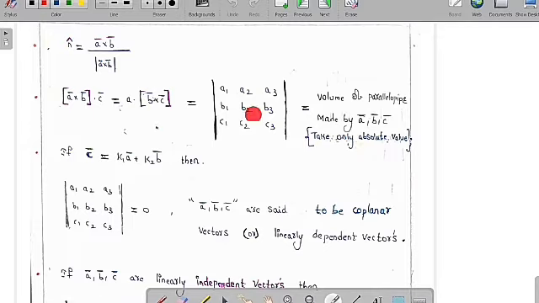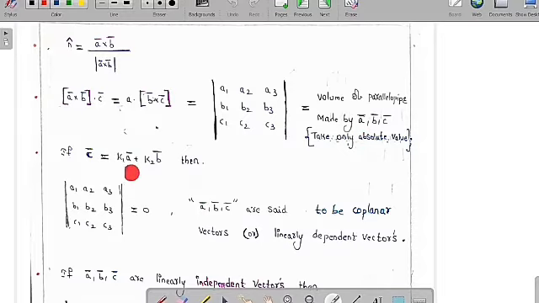So we call this the volume of the parallelepiped: with the help of these three vectors you can make a parallelepiped, a kind of cuboid, and the volume enclosed by it can be figured out with this expression.